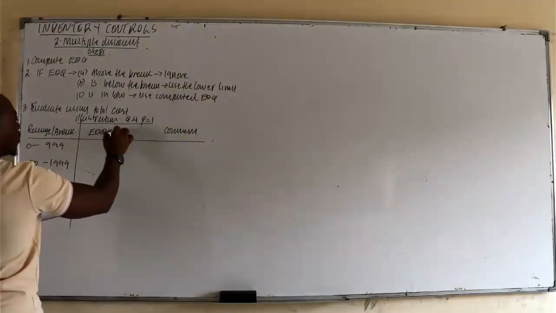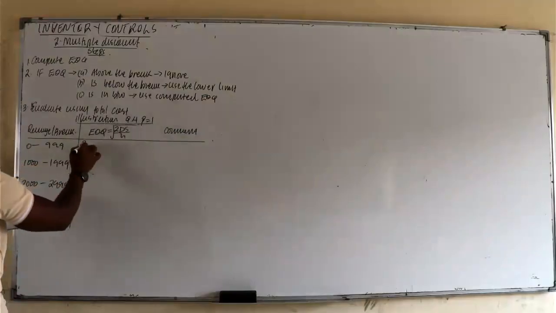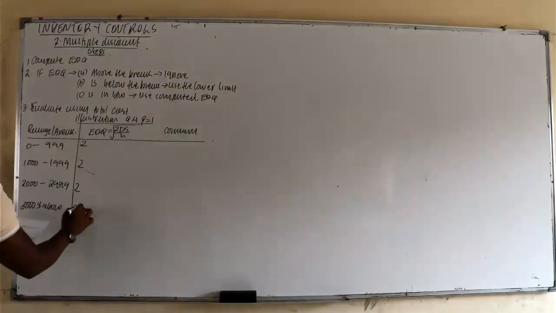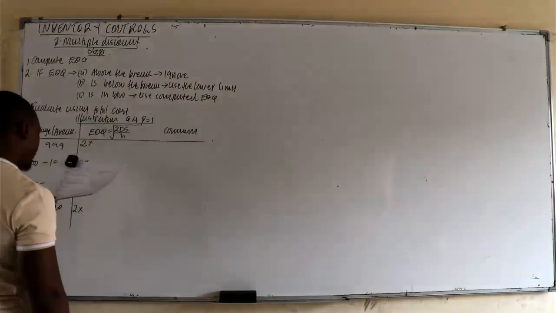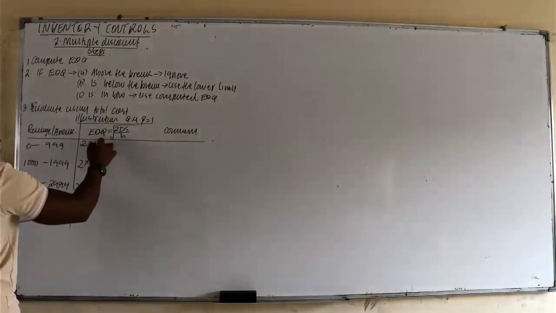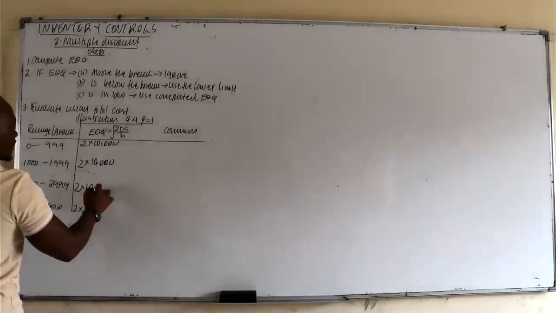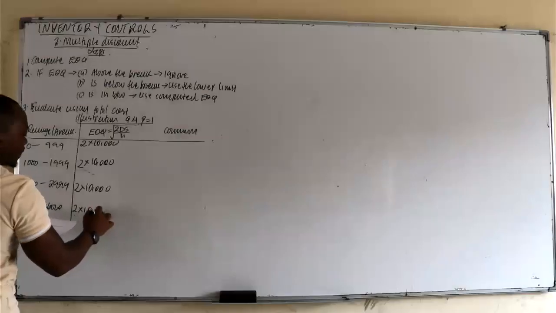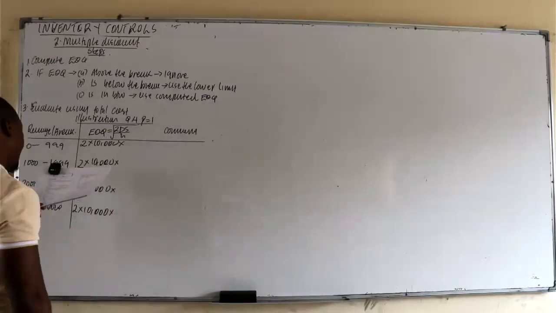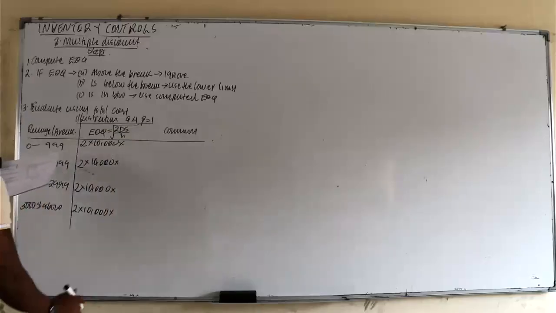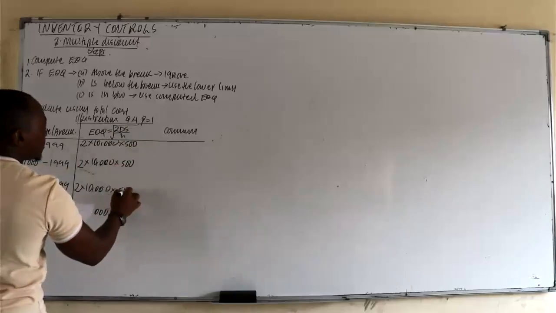Determine EOQ. EOQ is the square root of 2DS over H. This is the annual demand, which has not changed, so the annual demand we have is 10,000. Then you also multiply by S, the fixed ordering cost, and the ordering cost we have is 500.